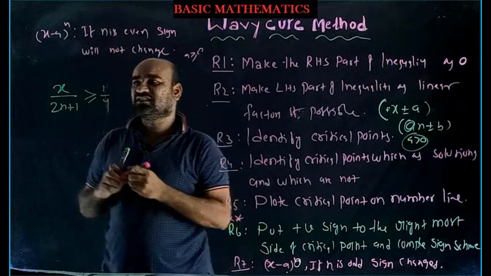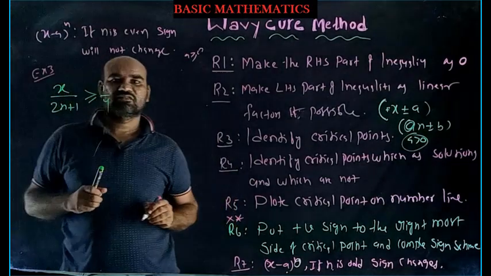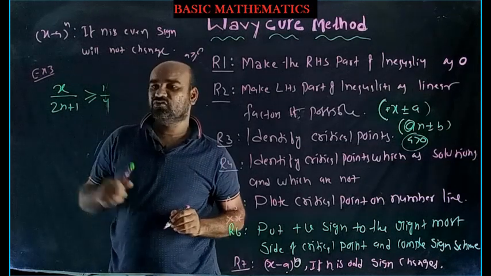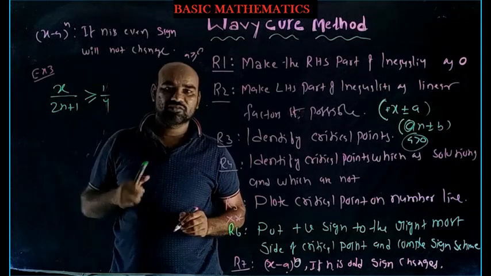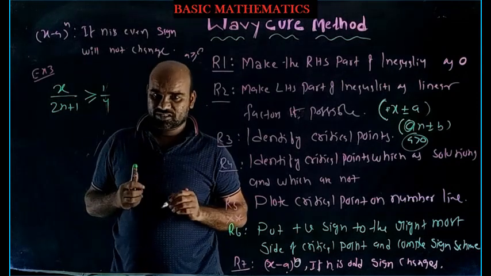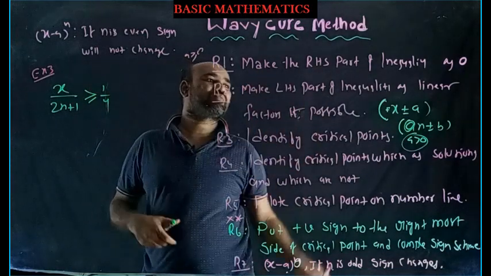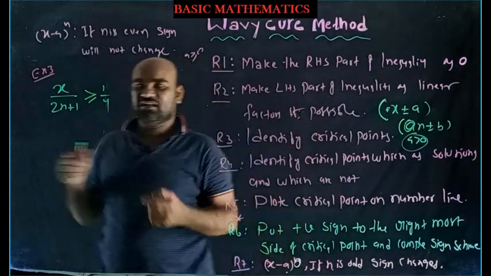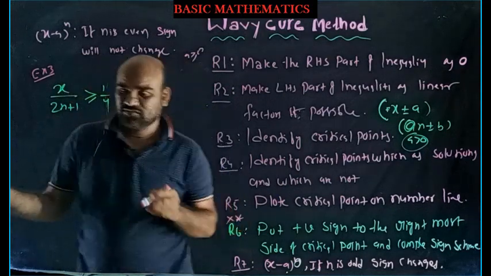Students, listen. Next, example 3. Interesting. We want to find the solution of this inequality, x by 2x plus 1 greater than or equal to 1 by 4, using the wavy curve method. The wavy curve method says to make the RHS of the inequality 0. Cross multiplication is prohibited in inequality.